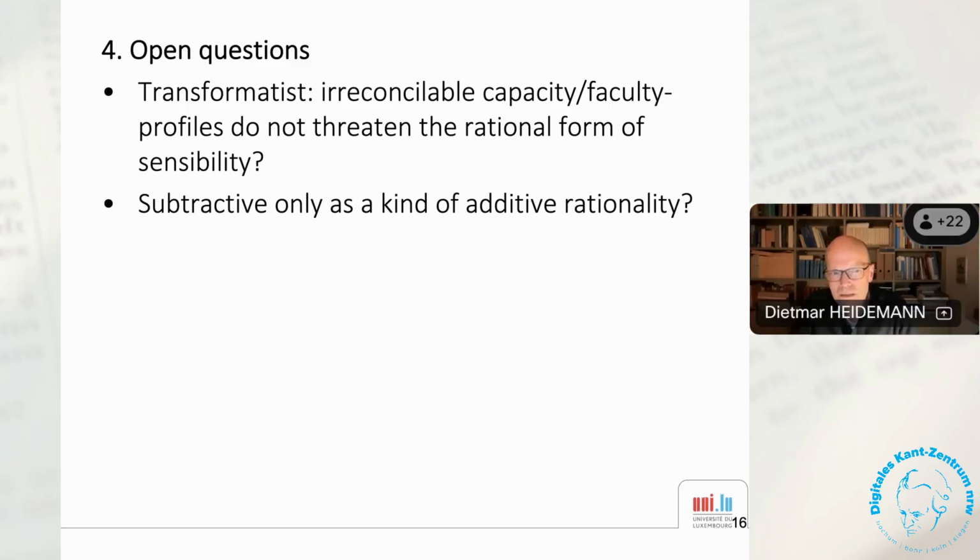But at least the difference really seems to be that subtractive theories would start from this idea of, if you take Kant's third critique, paragraph 77, the intuitive understanding as some sort of, in a strong sense, non-human kind of rationality, to then subtract from there the idea of human rationality as being composed of two equal faculties and capacities of cognition.